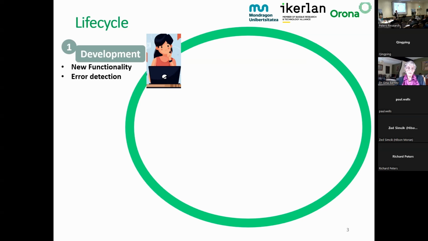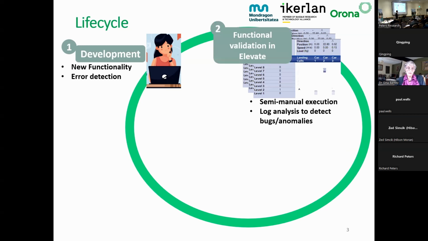When I have a first version, I make some functional validation using Elevate, which is an elevator simulator. Here we semi-manually execute different tests, and later we have different logs that we need to assess, usually manually, also the CSV files that Elevate provides.